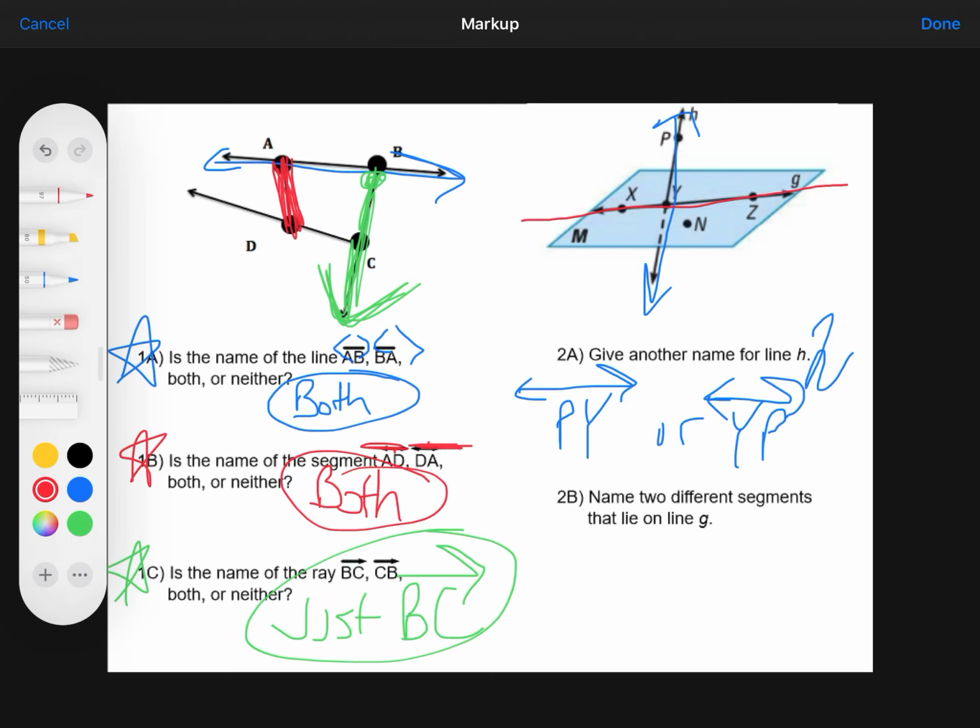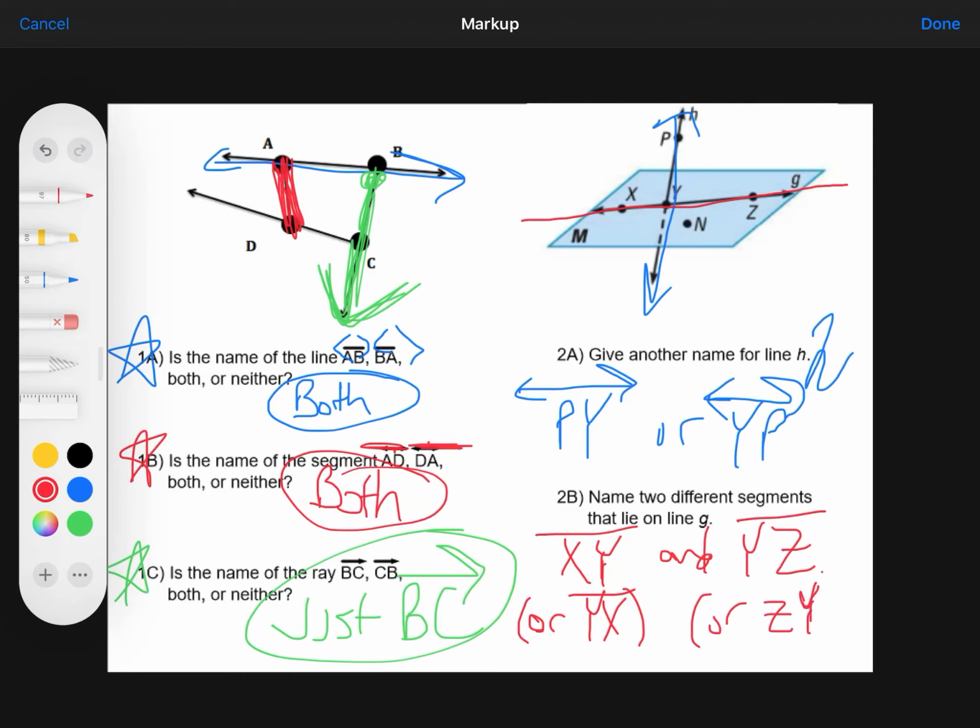And the answer is, on the left side, you see XY, or it would have been just as good to say YX. And on the right side, you see YZ. It would have been just as good to say ZY.